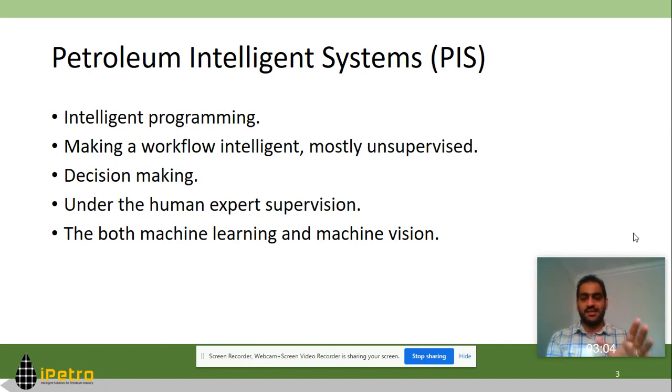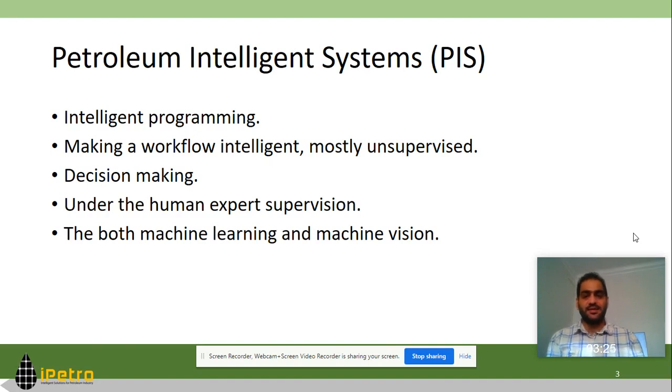And it's always under human expert supervision. The final results, the progress of developing the system, everything is based on the human expert supervision. And both machine learning and machine vision can be used in petroleum intelligence systems.